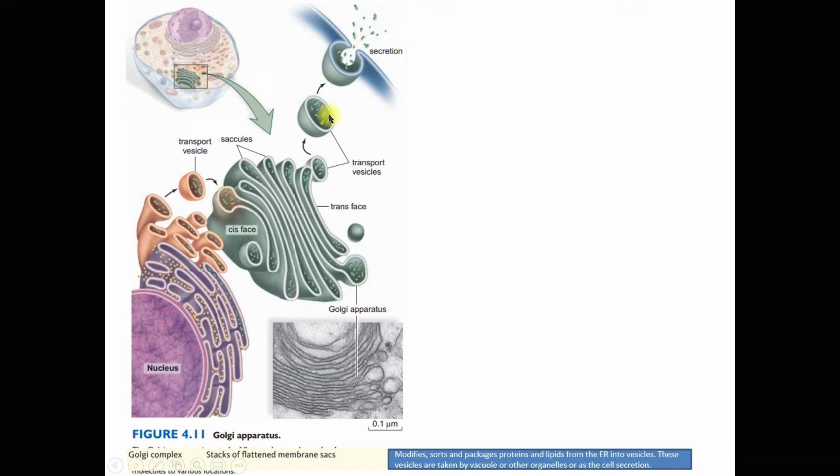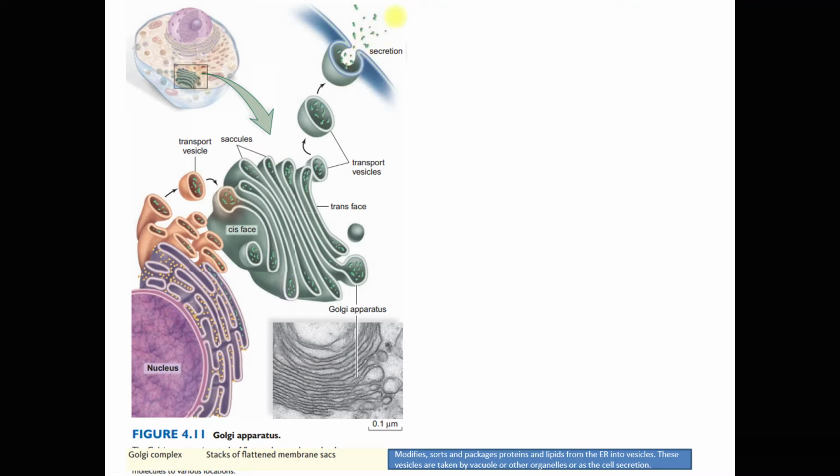And then these transport vesicles will be taken by the vacuole or other organelles inside the cell, as well as the cell secretion.